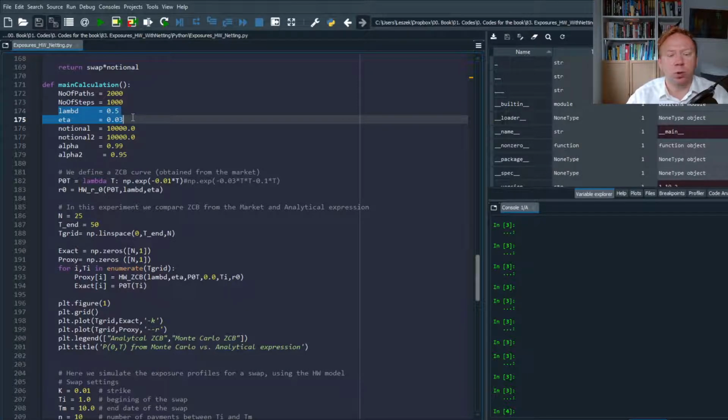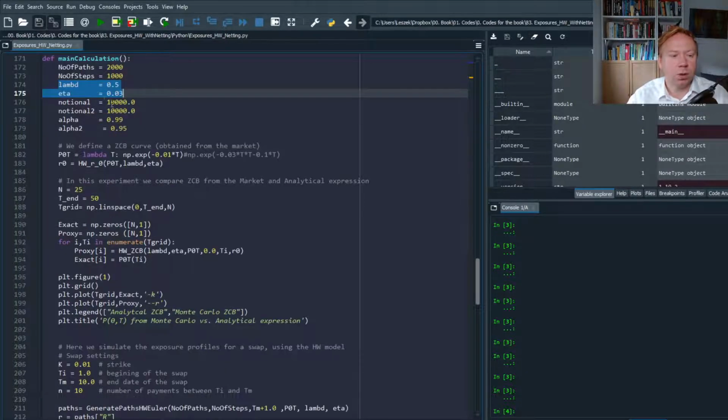Obviously, those parameters will need to be calibrated using market quotes, typically for swaptions. So this is not discussed in this course. Calibration of a Hull-White model, or in general calibration, we will discuss in the follow-up course. So this is some realistic set of parameters.